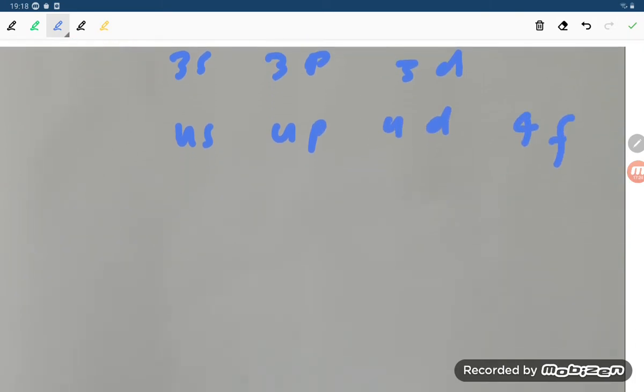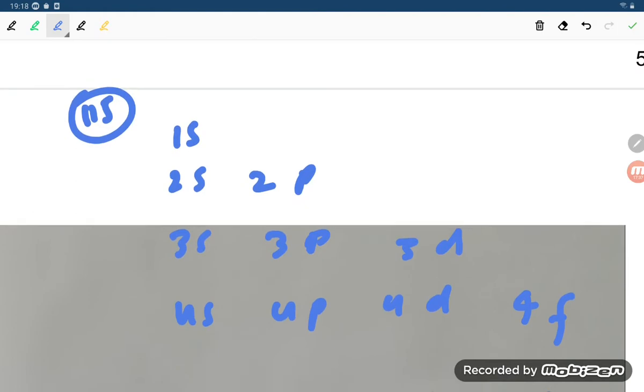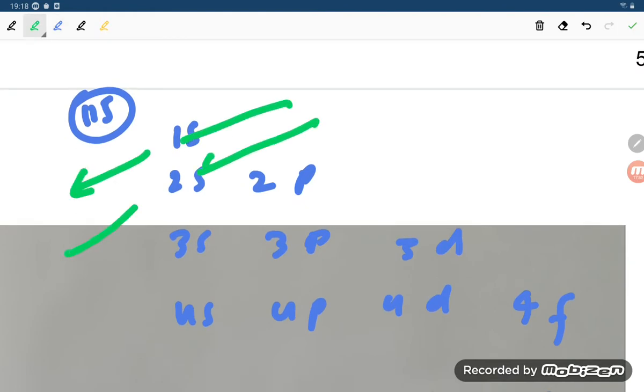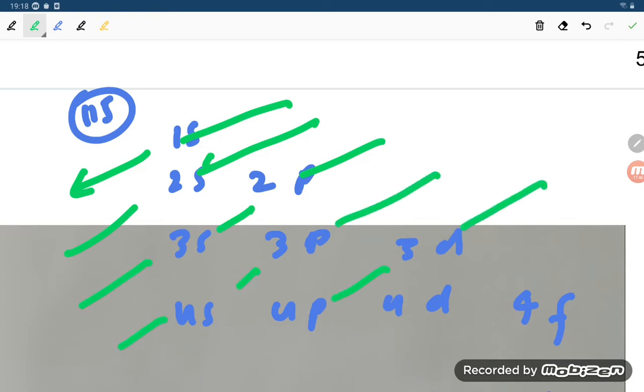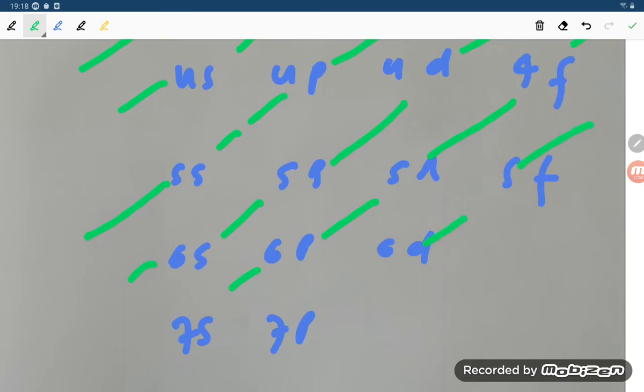Next 5s, 5p, 5d and 5f. Next 6s, 6p and 6d. And next 7s, 7p. This is how the elements are placed. We have to place 115 and check where the p will be going. Actually this can be answered very easily.